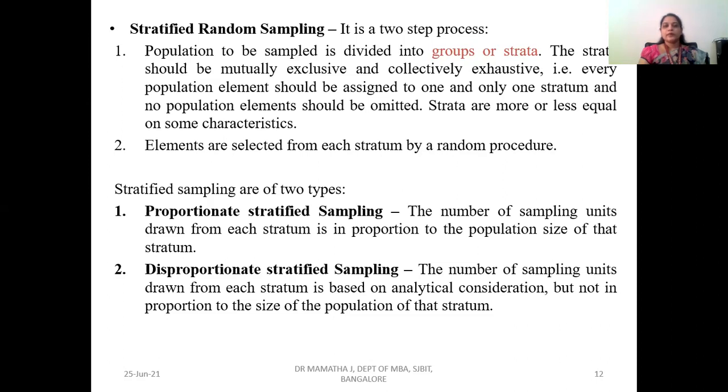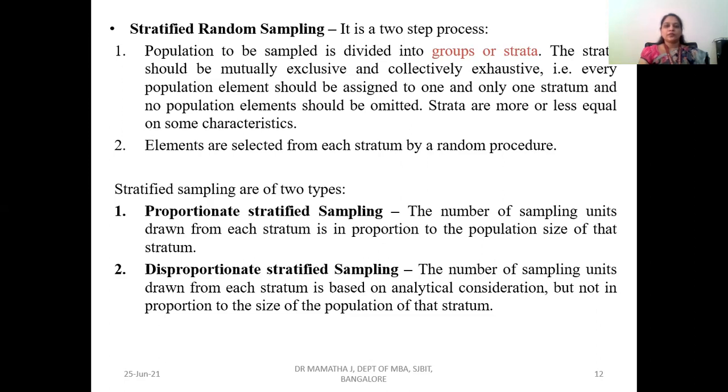Again, under stratified random sampling, you have two types. One is proportionate and the other one is disproportionate. In proportionate, depending on the size of the population, proportionate to it, you are drawing the sample. If you are not going with the population size, it is called disproportionate. For example, if the population size is more, then you have to draw more samples. If it is less, again based on the population size, you have to draw fewer samples.